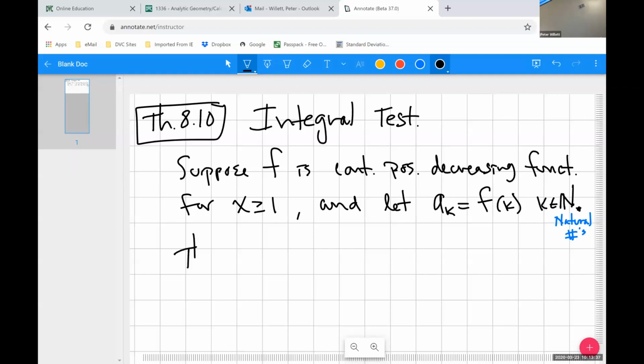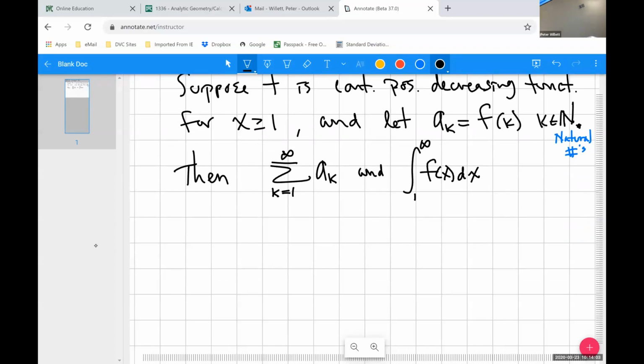So then, if that's the case, then if we consider the infinite series for the sequence, and then we also consider the improper integral from 1 to infinity of the function, then the series and the improper integral, they either both converge or both diverge.